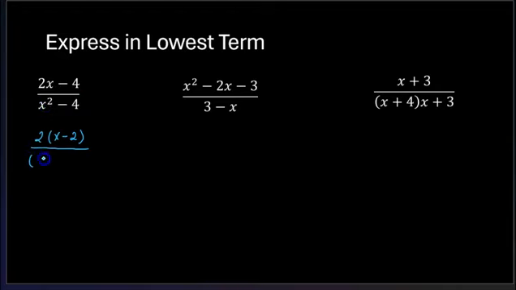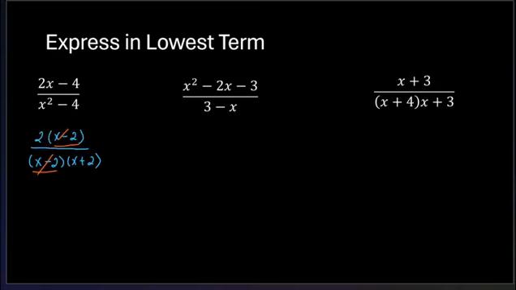We take the square root, x, square root of 4 is 2. So that's x minus 2 and x plus 2. So since we have a common factor, x minus 2, that means this is not in simplest form. So x minus 2 over x minus 2 can be simplified as 1. So that's the reason we are not canceling this out.